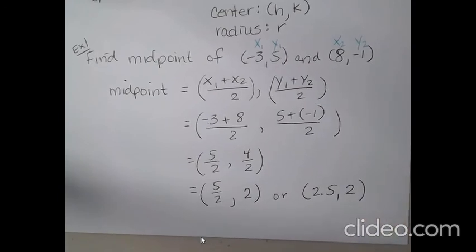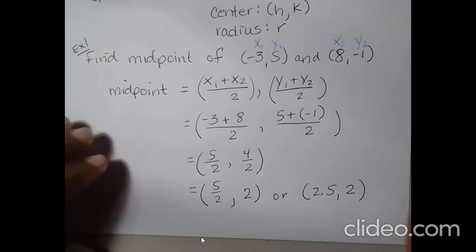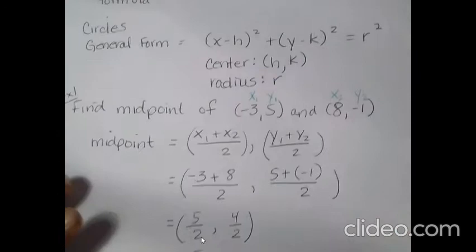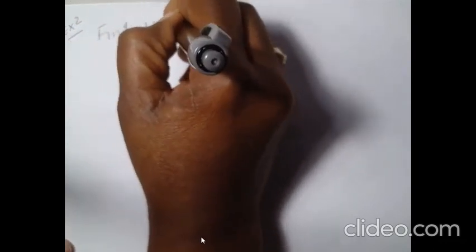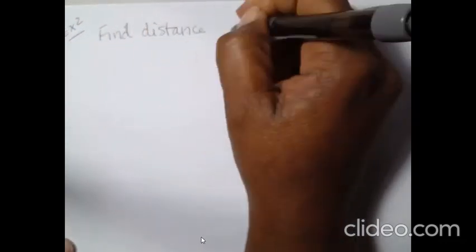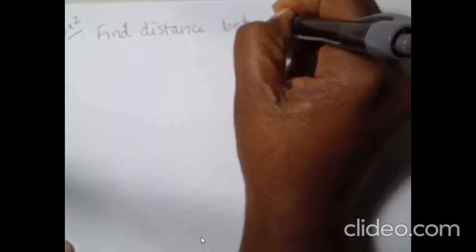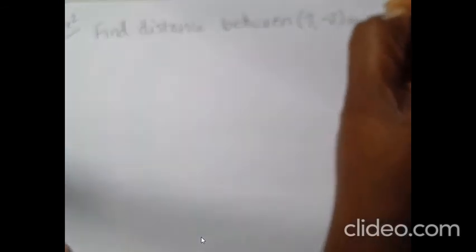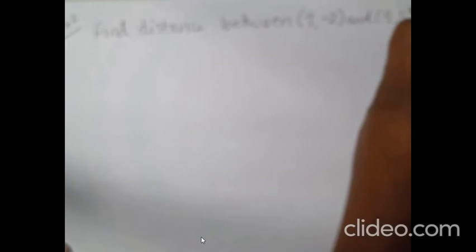Okay? So now that we've used the midpoint, let's move to where we use our distance formula. Example 2, find the distance between (7, -2) and (9, 5).